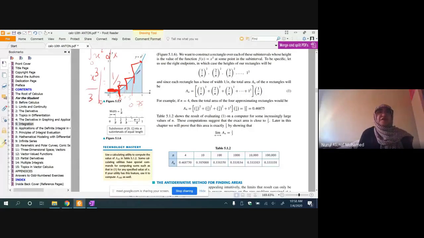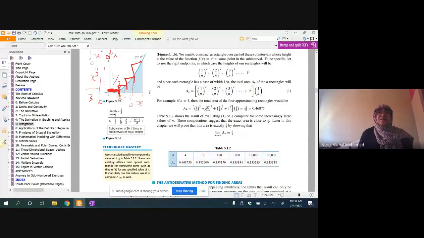It's the same for the third one, the coordinate is 0.75, so 0.75 squared. And the last one will be 1, so 1 squared, which is equal to 1. So that's why you have (1/4) squared plus (2/4) squared plus (3/4) squared plus 1 squared.